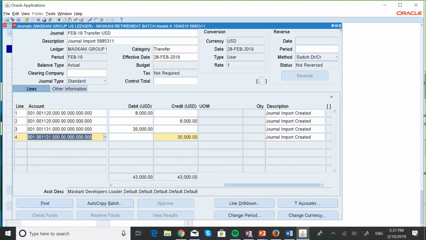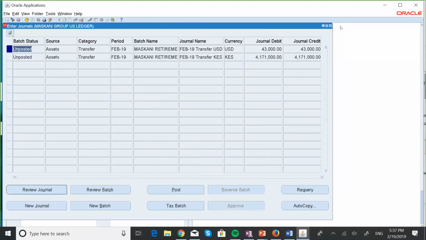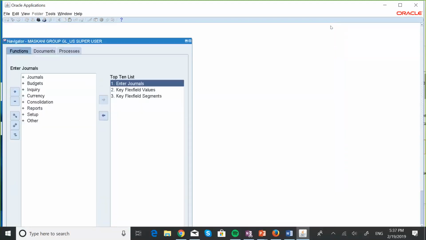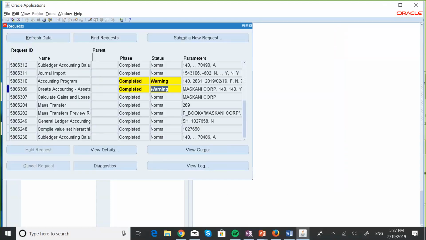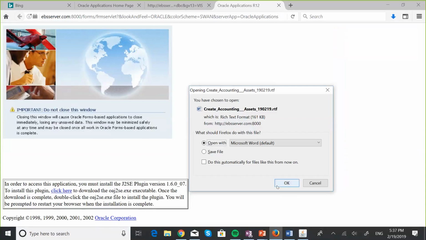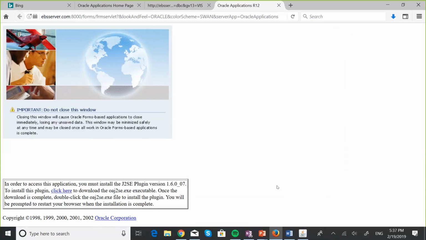For the transfers, I think we did in our previous session, and no accounting for retirement. So maybe that's the warning for gains and losses and retirement. Let me view the output.